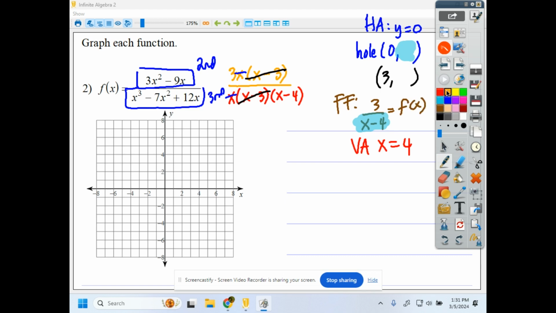What we're going to do is plug in the 0 to the remaining factored form. So f of 0 is 3 over 0 minus 4, which is 3 over negative 4, so this will be negative 3/4. And the other one is f of 3, 3 over 3 minus 4, which is 3 over negative 1, which is negative 3.